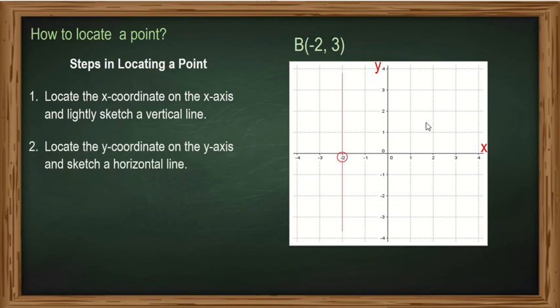Step 2, locate the y-coordinate, which is 3. It's found on the upper part of the y-axis, and lightly sketch a horizontal line. Then step 3, find the point where the two lines meet. This is where we locate point B with coordinates (-2, 3), and it's found in the second quadrant.